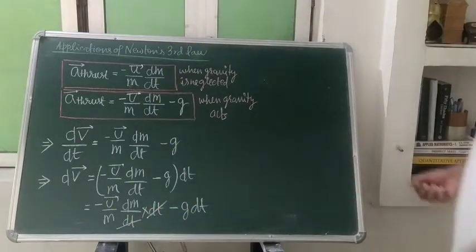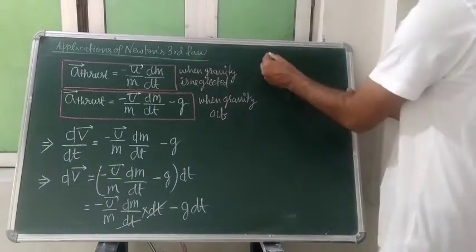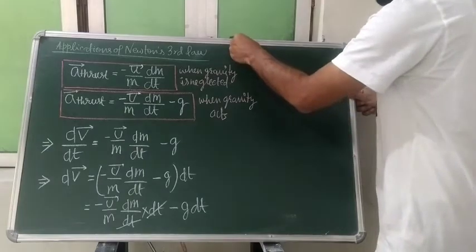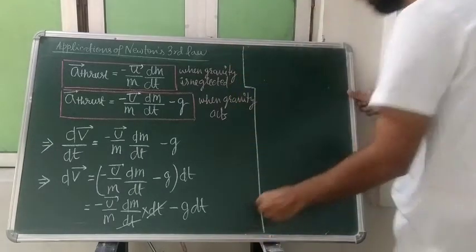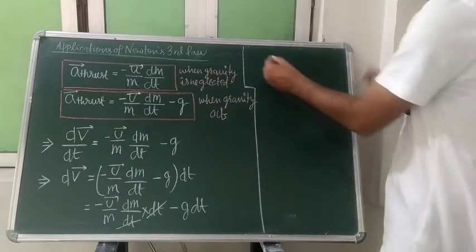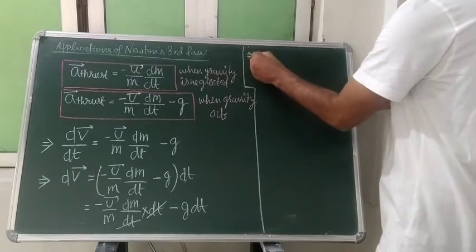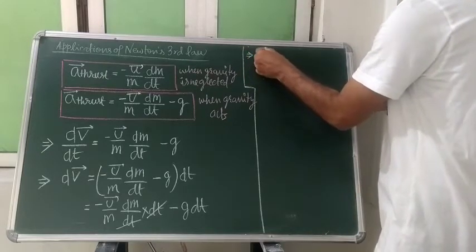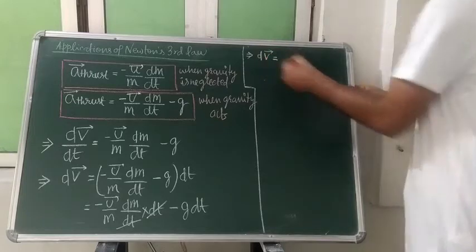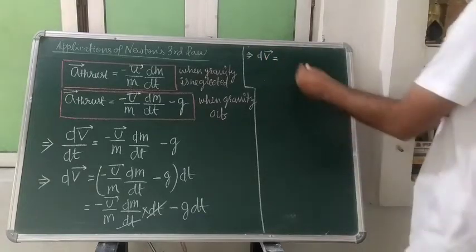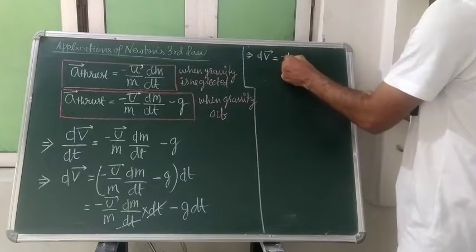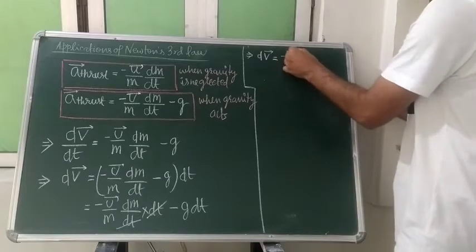We get the expression of the derivative of velocity, the change in velocity, equal to minus u. It is not changing.